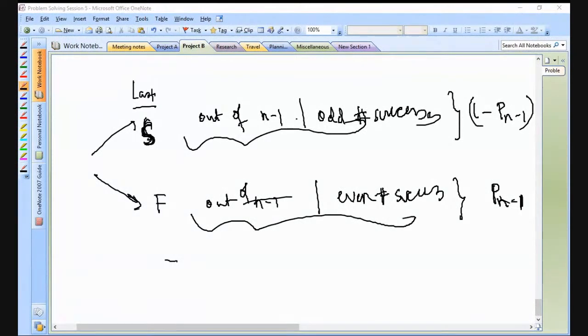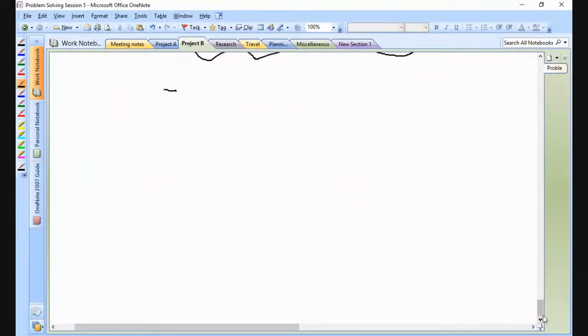So there are two cases. I'm conditioning on the last one. So how will I write it? Probability of even successes in n can be written in two ways.